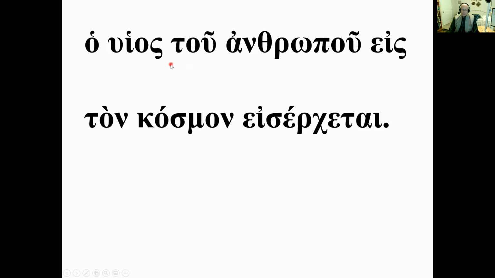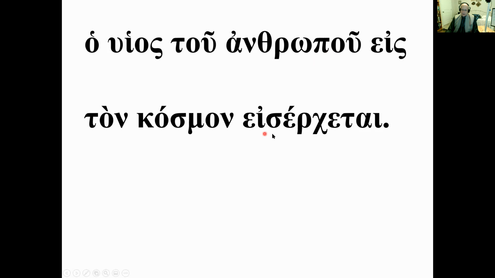You probably want to translate the Son of the Man, but this is a special name that Jesus used for himself that we translate in English simply by the Son of Man. It comes from Daniel chapter 7, and it actually refers to the deity of Jesus, that he is God. But you have to know Daniel chapter 7 to understand that. For right now, we just translate the Son of Man.